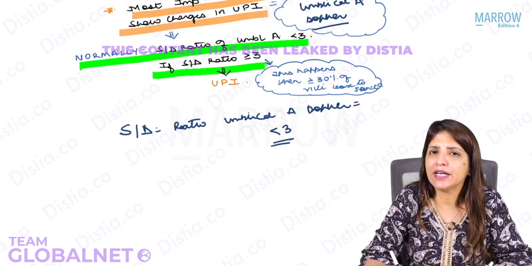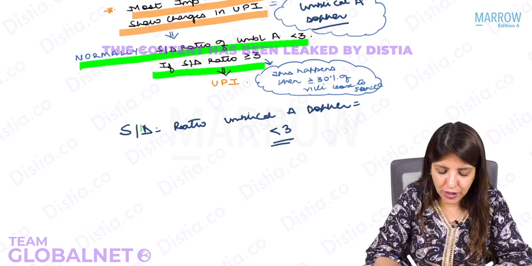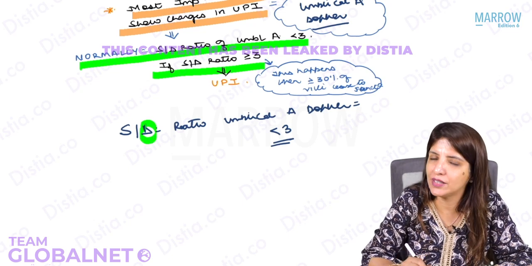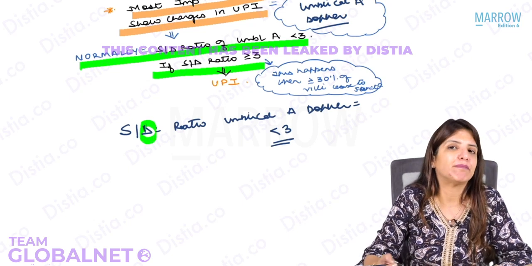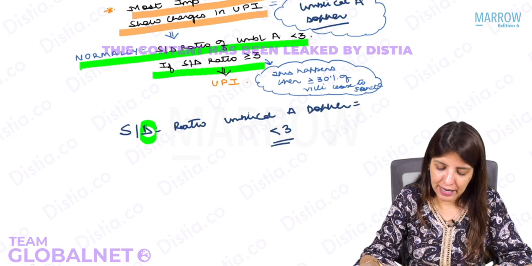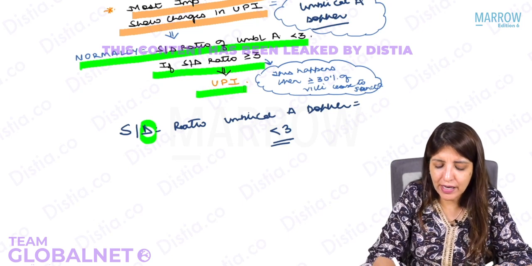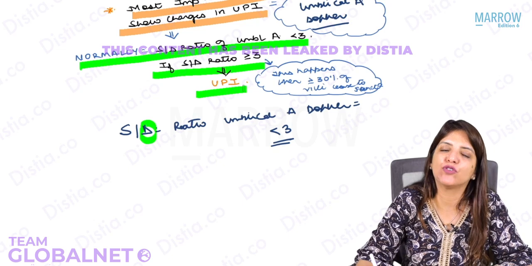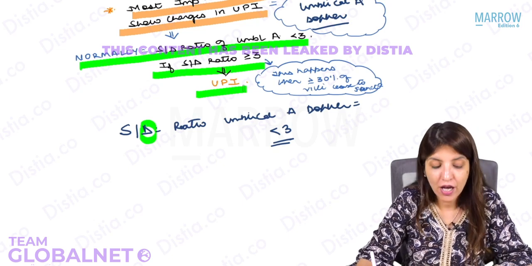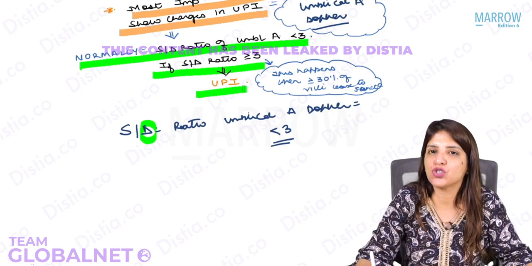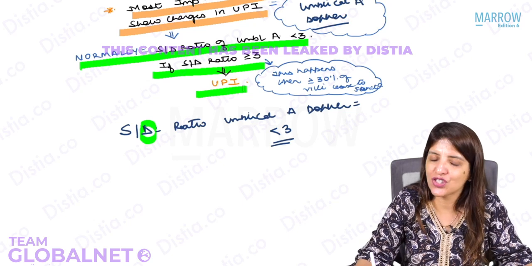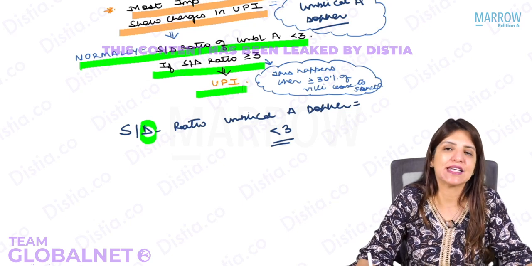If the SD ratio increases, this means that during diastole, less blood is going in the vessels, and that is happening because of the PIH. So then I come to know that yes, this is a case of uteroplacental insufficiency.